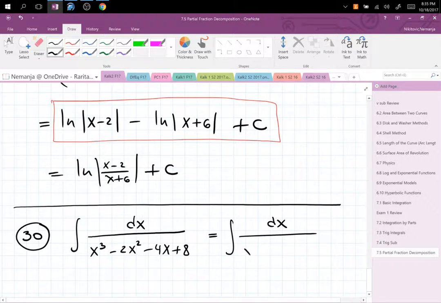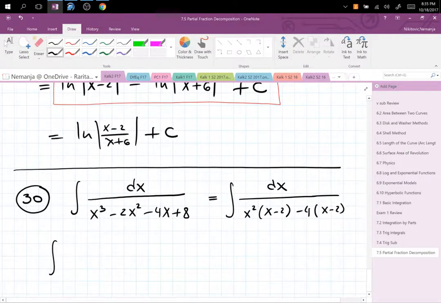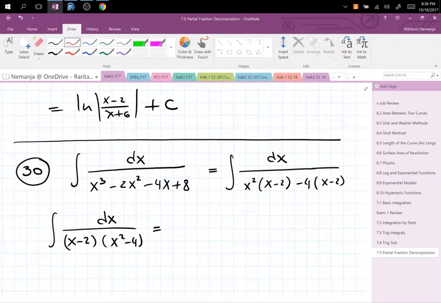We factor out x squared from the first two terms, and we are left with x minus 2. We factor out negative 4 from the second two, and we have x minus 2. Now we factor x minus 2, and we are left with x squared minus 4. But then this one factors into x minus 2, x plus 2, and we see a repeated factor there.